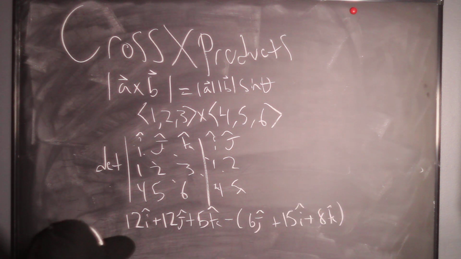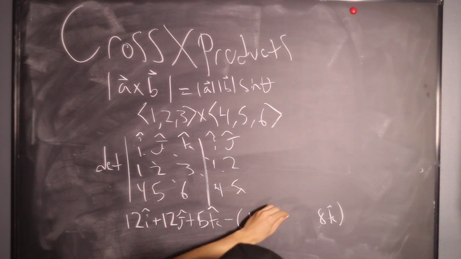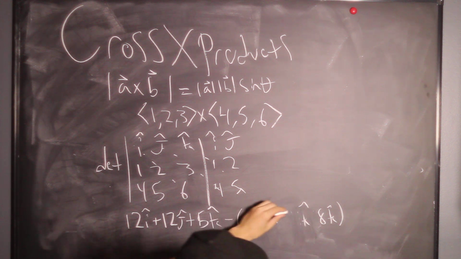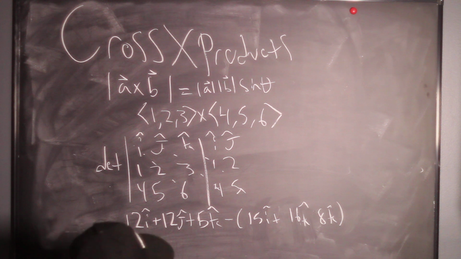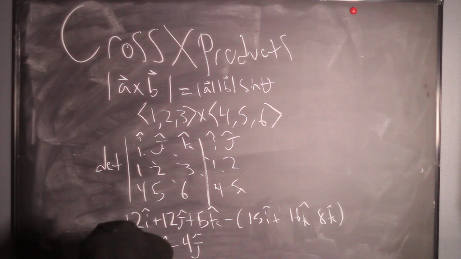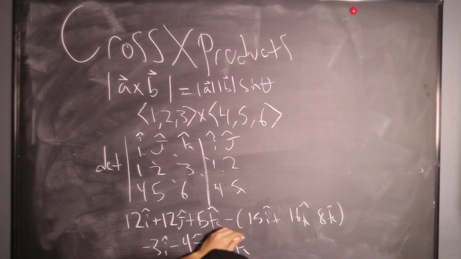So that gives us that. You can rearrange that so it's ijk. So that's a really poor 16. There. And so do your subtraction, that gives you negative 3 i hat, negative 4 j hat, and negative 30 k hat. And so that is the cross product.